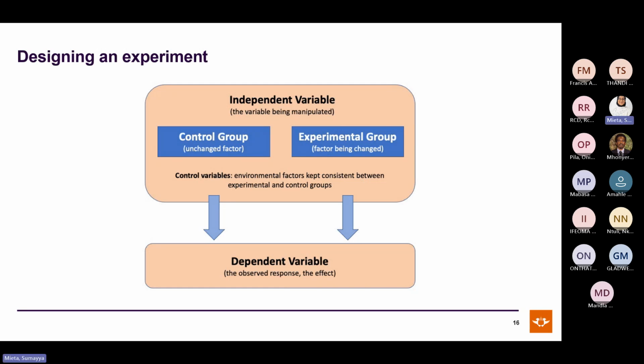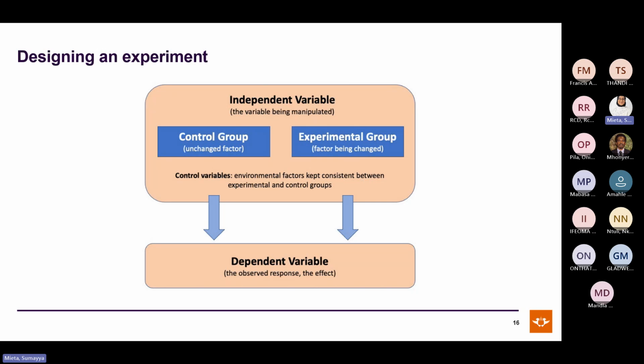So those are the control variables, okay? And then you will see on the slide, there's something called a control group and an experimental group. And this is the most important part of making your study sound and valid.